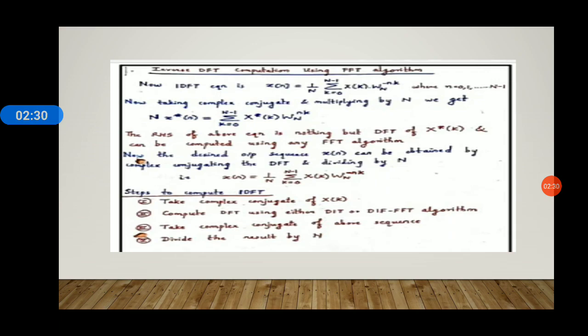There are 4 steps involved in solving IDFT using FFT. The first step is to take the conjugate of X[k]. Whenever we are given an IDFT to solve, we will be given a capital X of k, and we take its complex conjugate, which will be X star of k.